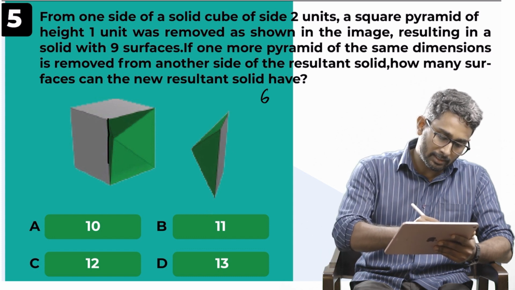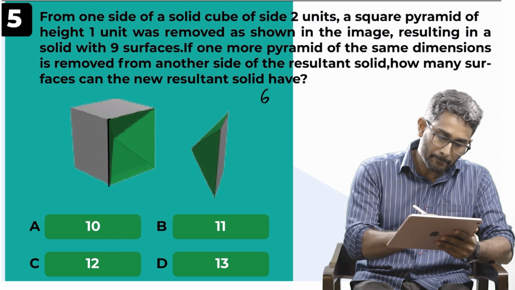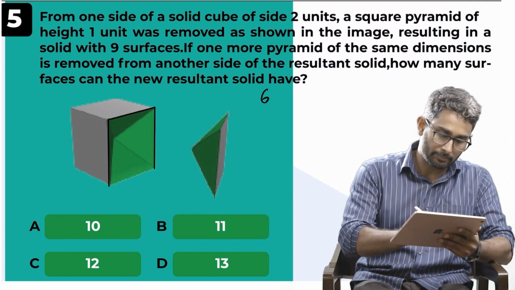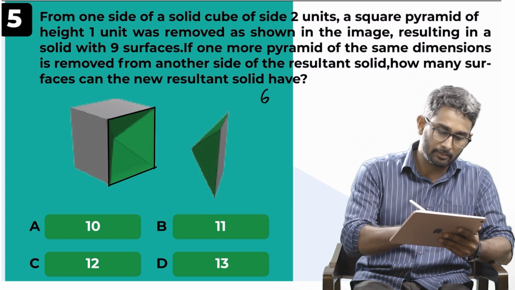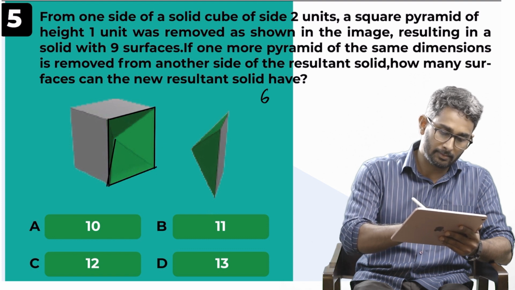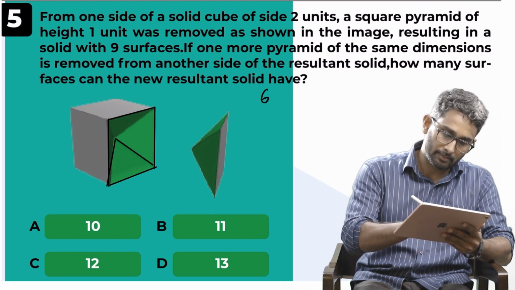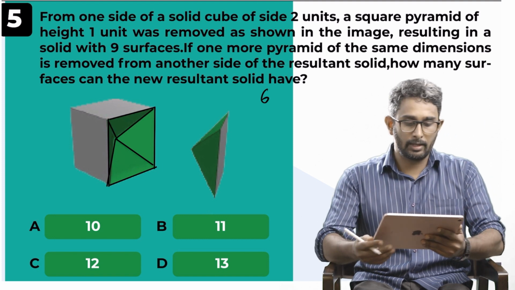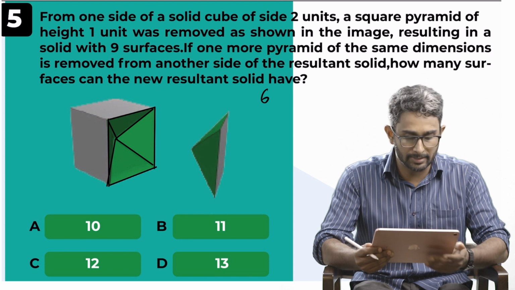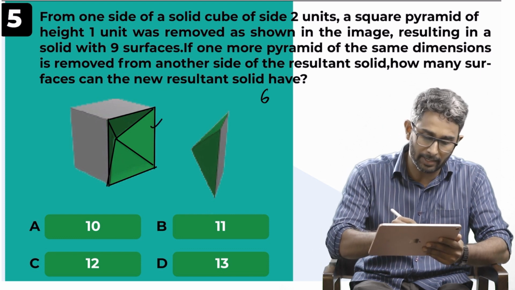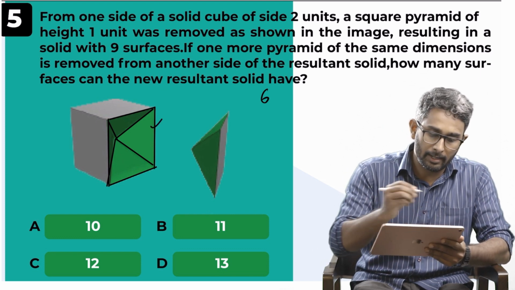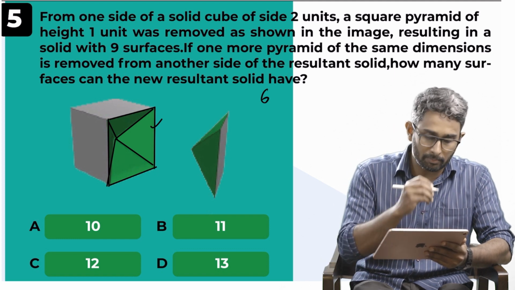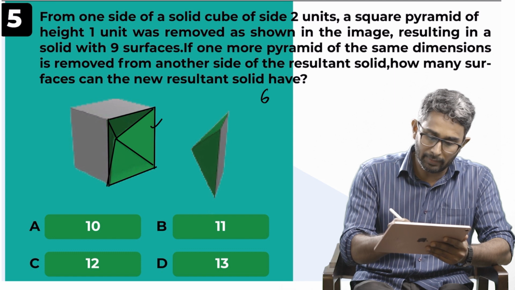Let me draw this clearly for you. Okay, so from this particular face, a solid pyramid was removed. So let's count the total number of surfaces. This face is gone.